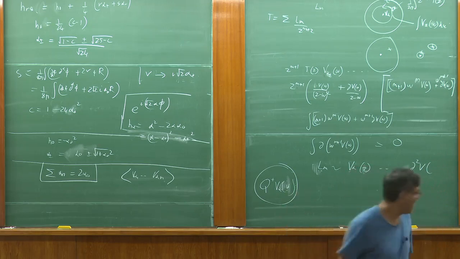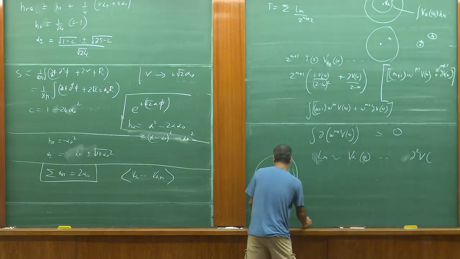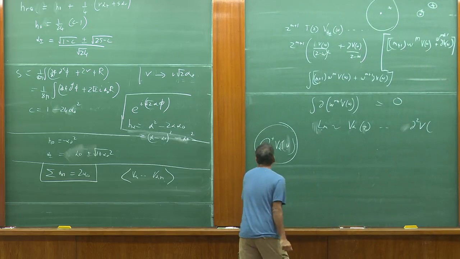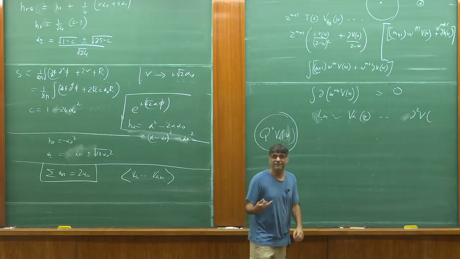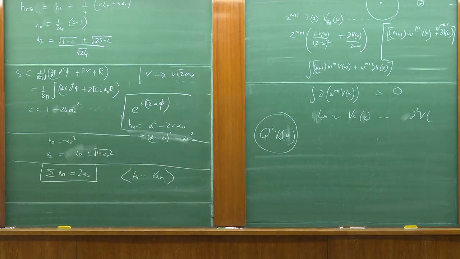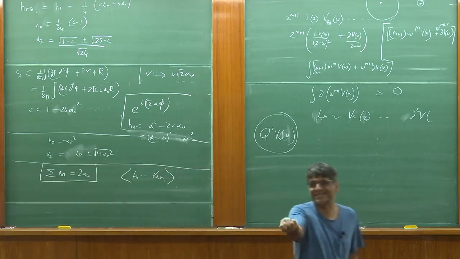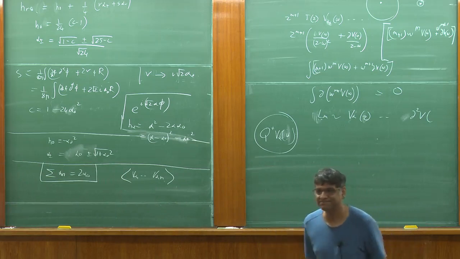Because of this, now, if you do this operation, you're generating some new object that will have the same conformal weights as the object that you started with.